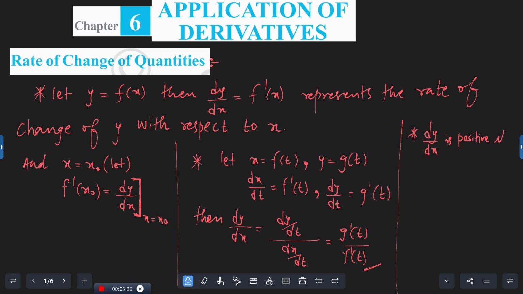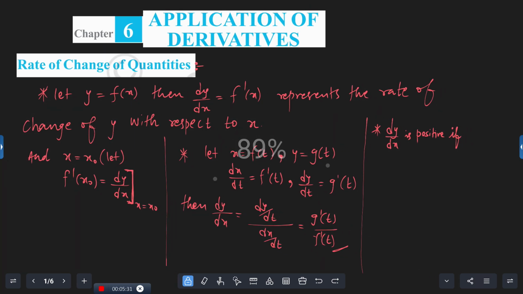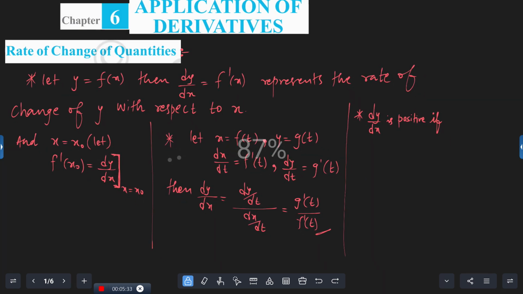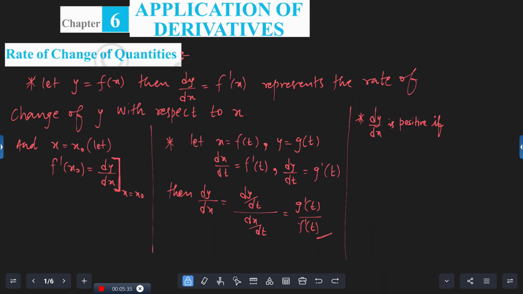When will it be positive? If y is increasing as x increases. So if this is true, dy by dx is positive.